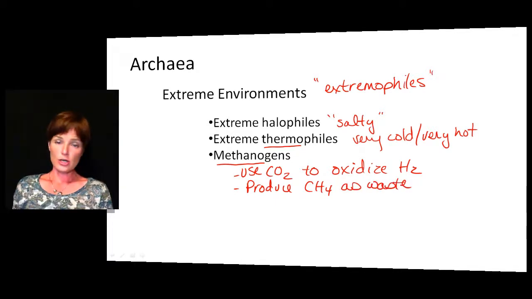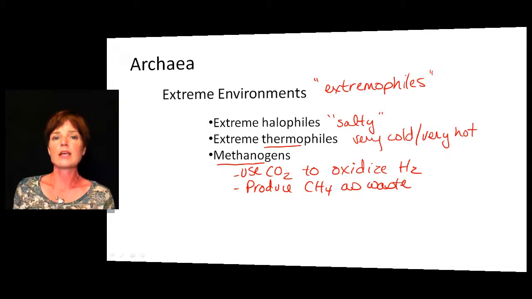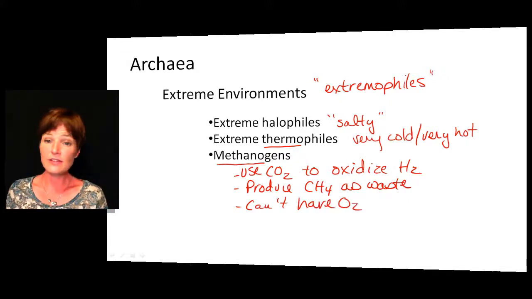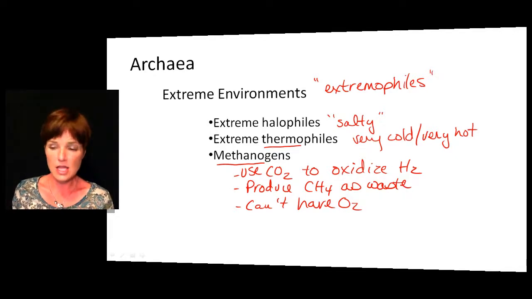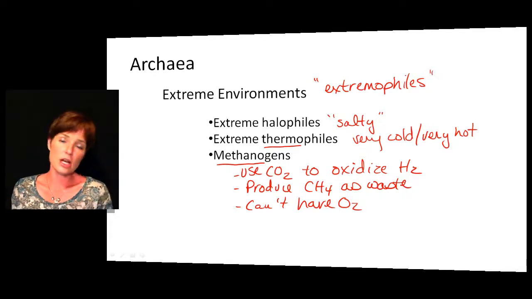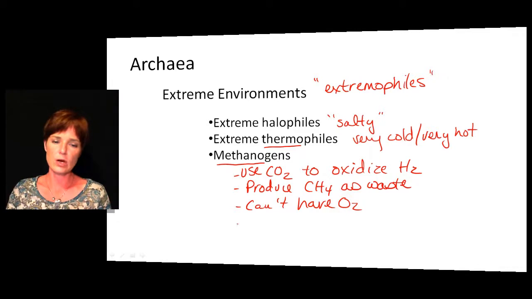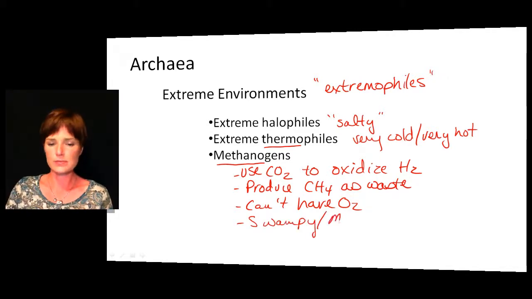These are organisms that are going to be obligate anaerobes, meaning that they can't live in the presence of oxygen gas, so they're actually poisoned by oxygen gas. And this means that they're not going to be present in our typical oxygen-rich environments. So these are things that you would find in swampy areas mostly, or marshes.